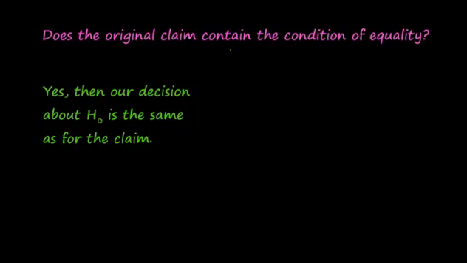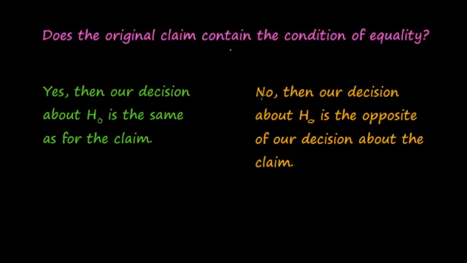So let's look at no, of course. If our answer to this question is no, in other words, the null hypothesis does not correspond to the original claim, then if we reject the null hypothesis, the opposite is going to be true about the claim. So if we say no to this question, our decision about H0 is the opposite of our decision about the claim. Here it's the same, here it's the opposite. Here they do not correspond, here they do correspond.